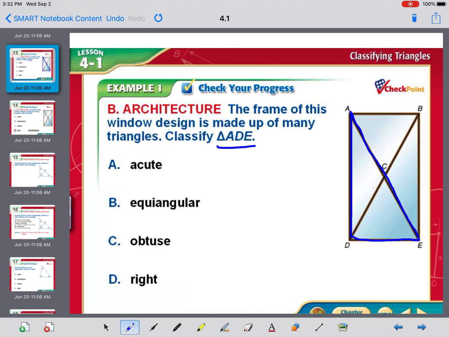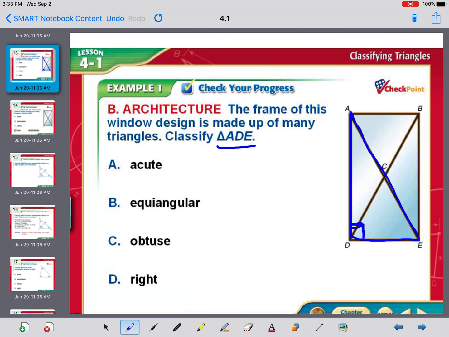Now we have triangle ADE. This triangle, as you can see, is another triangle that you might not have noticed when we labeled the 1, 2, 3, 4.